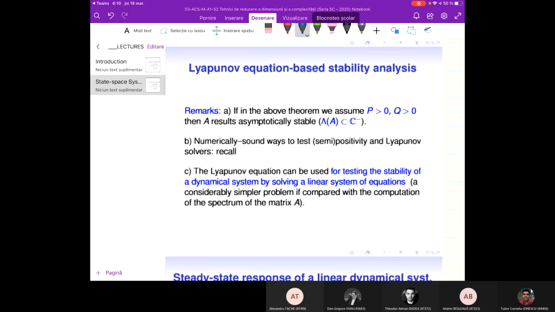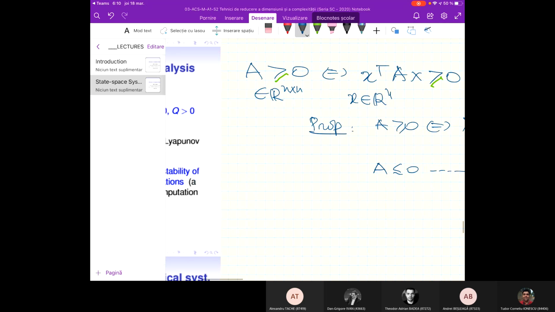So essentially, stability is a question related to where the eigenvalues of a matrix are residing. If they are here, the system is asymptotically stable. If they are on this side, then it's a big problem, because you're unstable.